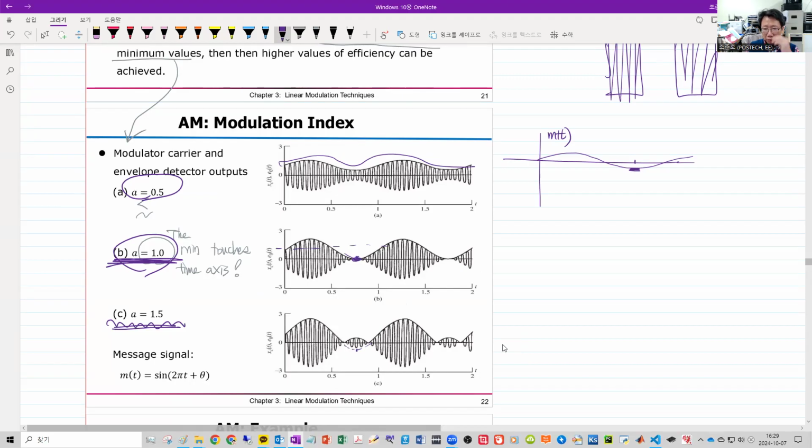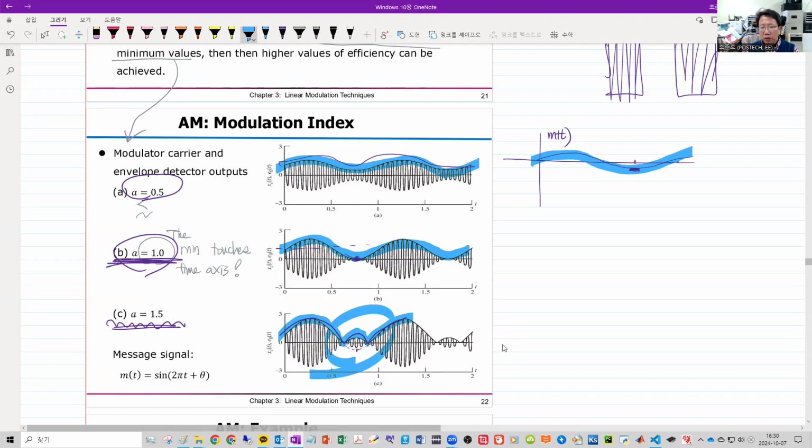Now, it can be easily shown that if A is greater than 1, your minimum actually goes down, and if it is multiplied by a sinusoidal signal, you have this envelope. So your message has this signal, but unlike the AM modulated signal, that gives you the proper envelope, now you have an incorrect envelope at this point.